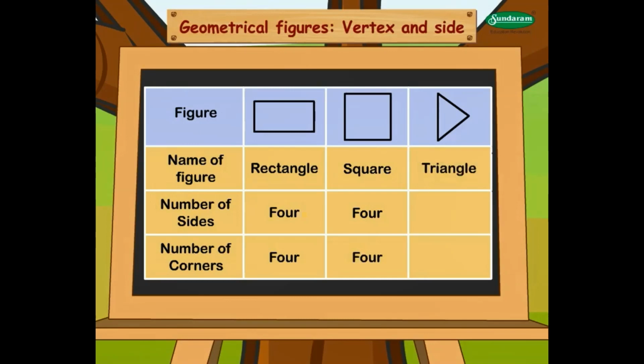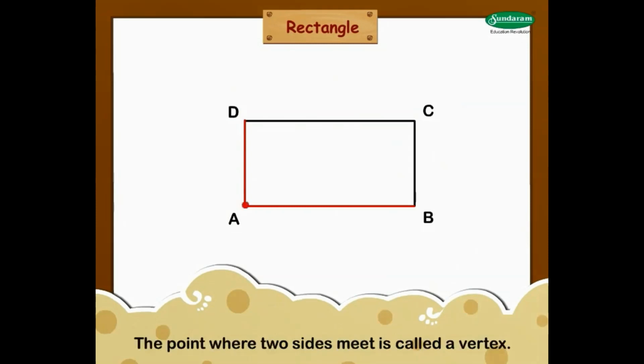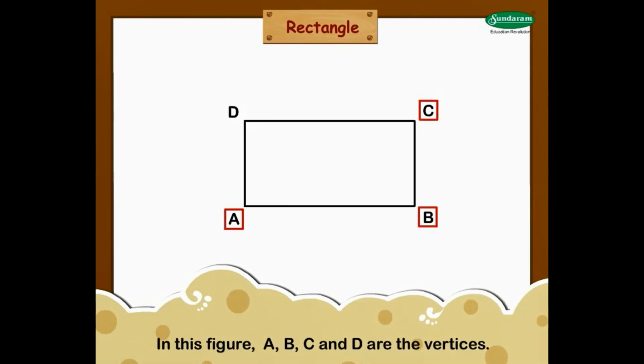Rectangle. A rectangle has 4 edges, that is, 4 sides. The point where 2 sides meet is called a vertex. In this figure, A, B, C and D are the vertices.